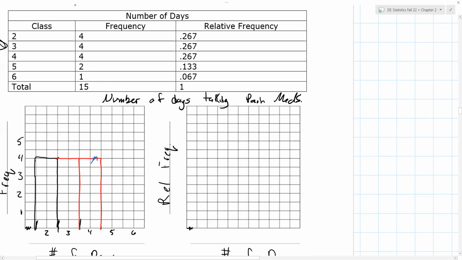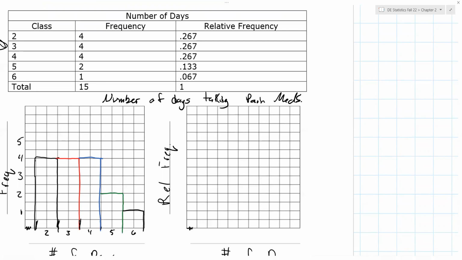Four days. 5, and then the last one, 6. And so you can tell like that.